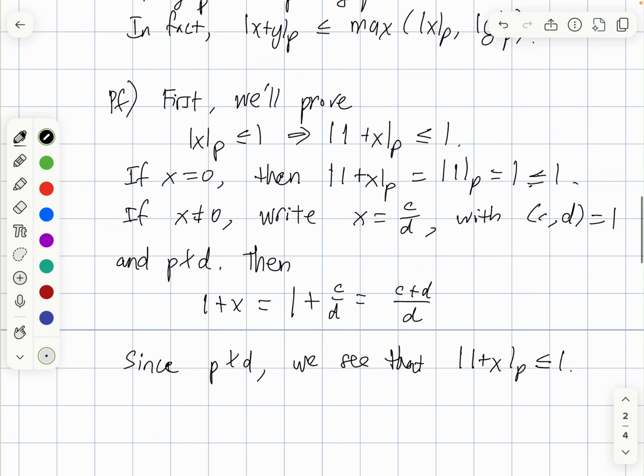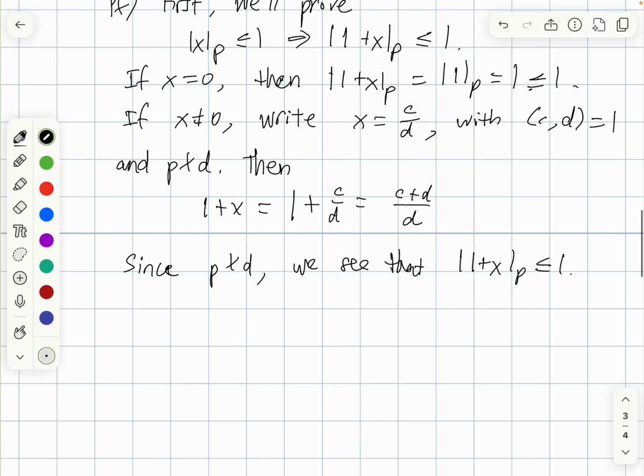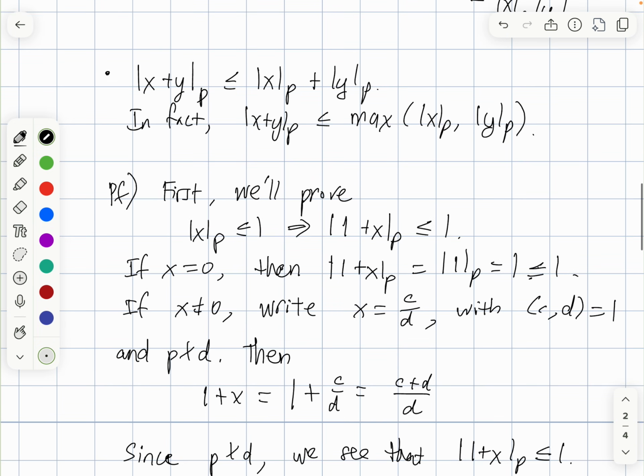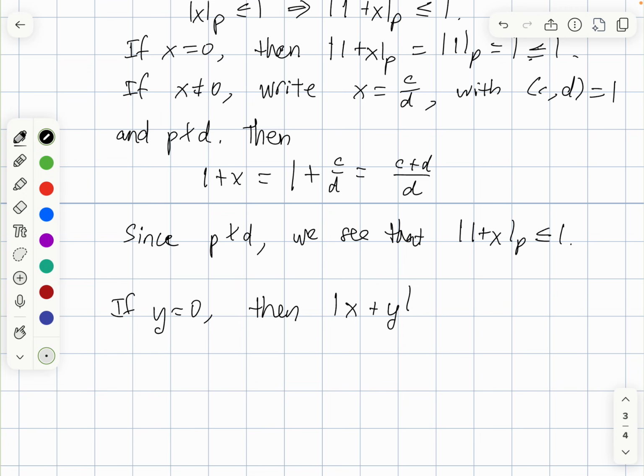Now, how does this result prove the fact that we want to prove about the p-adic absolute value? Going back to the statement we're trying to prove: if y is equal to 0, then certainly the p-adic absolute value of x plus y is just the p-adic absolute value of x, which is less than or equal to the maximum.